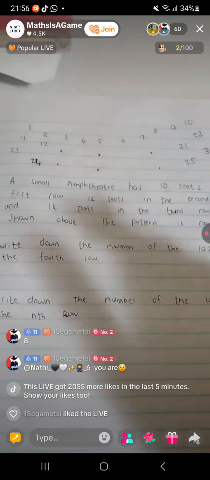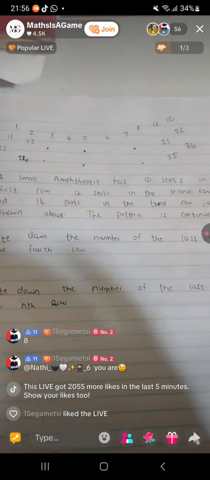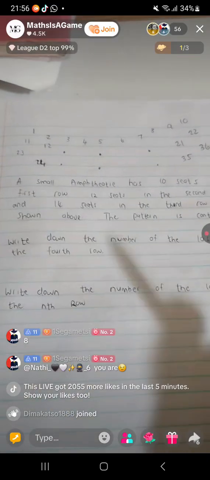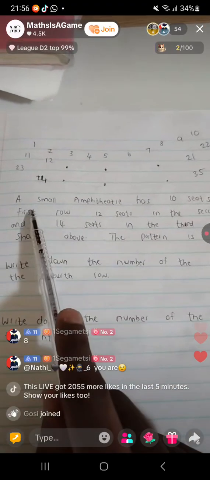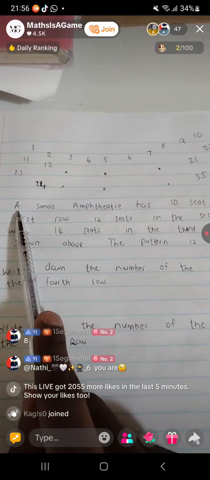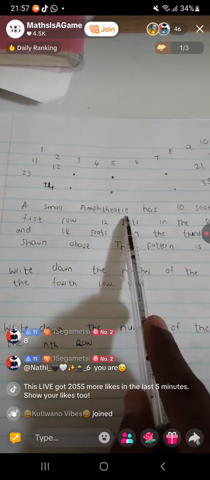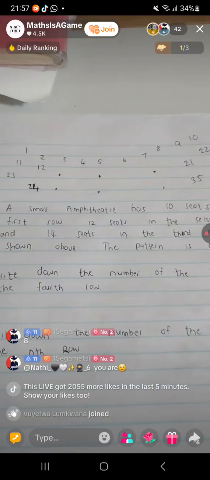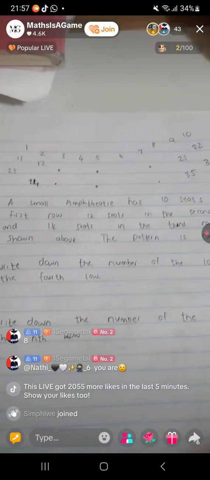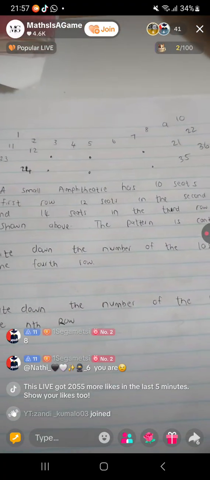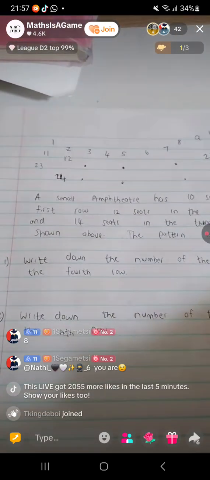So we're going to look at a word problem here, quite wordy, okay, and it goes as follows: a small amphitheater. I don't know if any of you have actually been to an amphitheater, but let me just try and do this quickly.